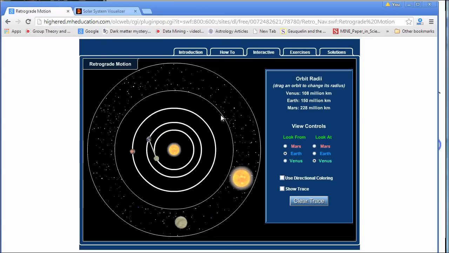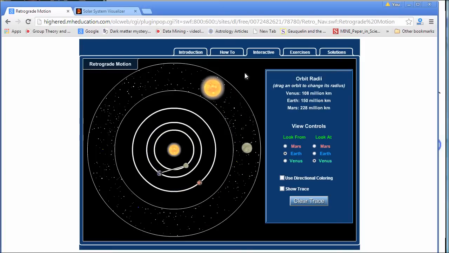And with Mercury, it's the same exact idea. The only difference is that Mercury stays within 27 degrees because it's closer to the Sun, but it's the same exact concept. It also has an inferior and a superior conjunction.